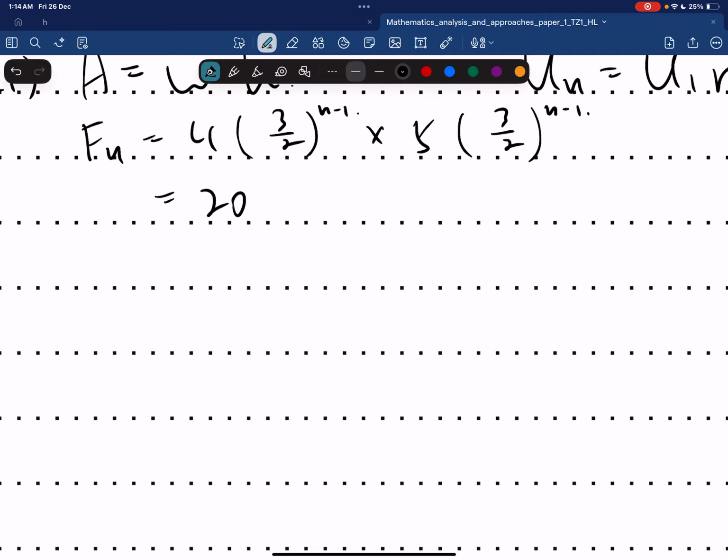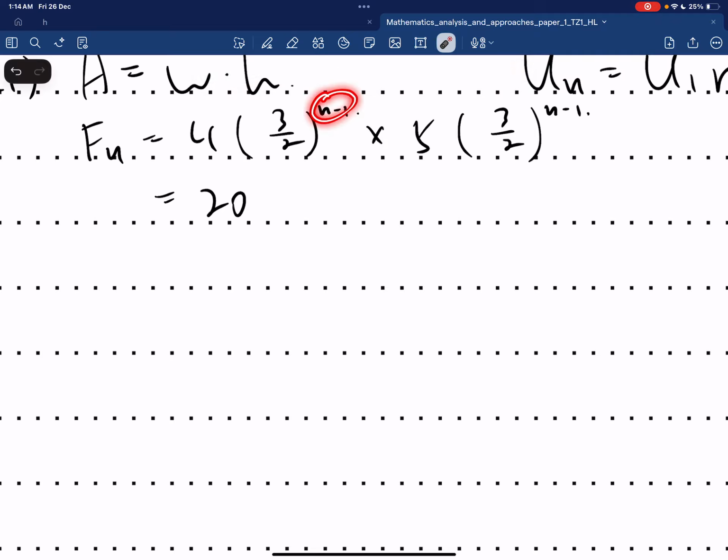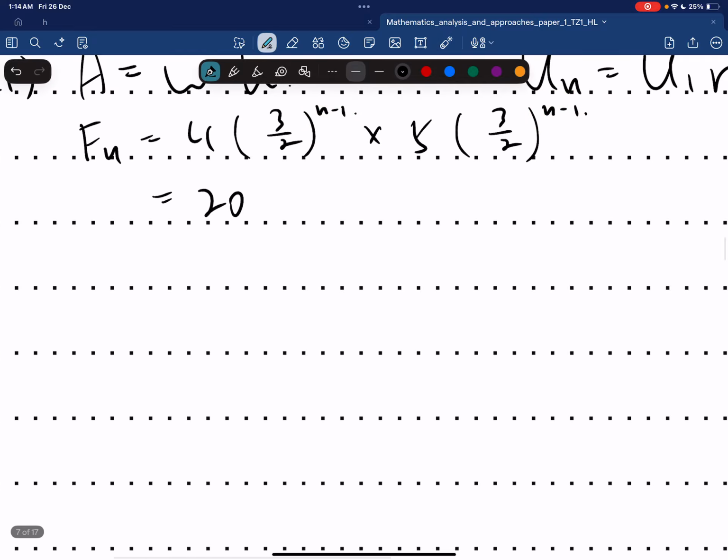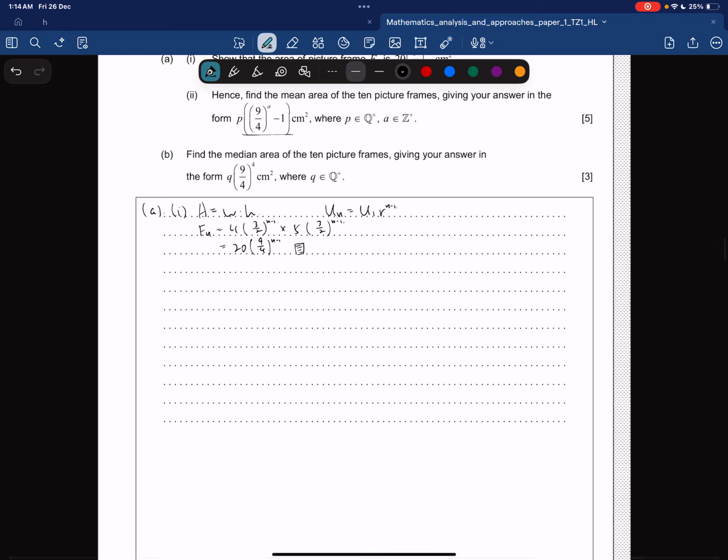Since they have the same exponents, you can multiply them together, and that would get (9/4)^(n-1), which is what they want us to show.